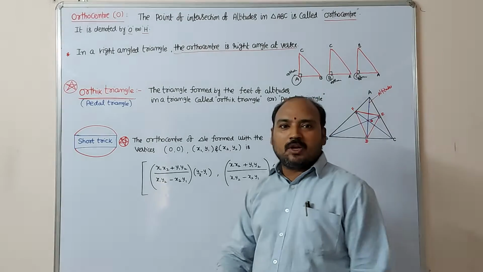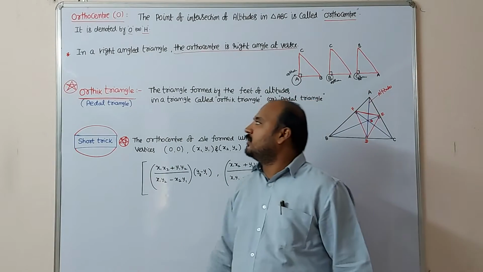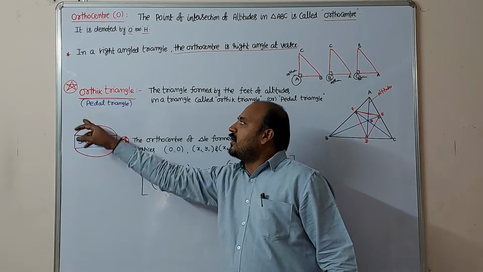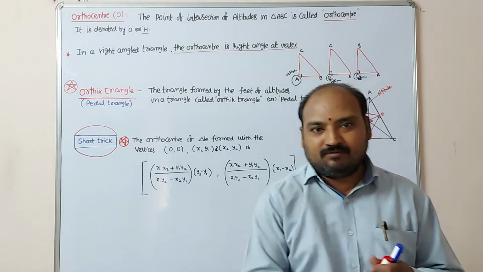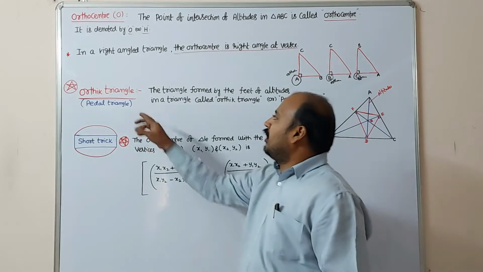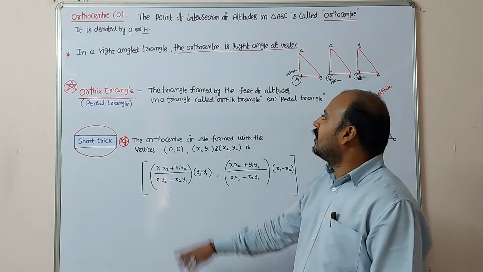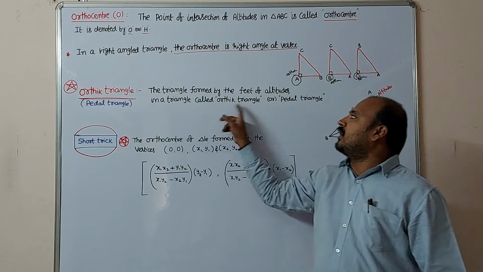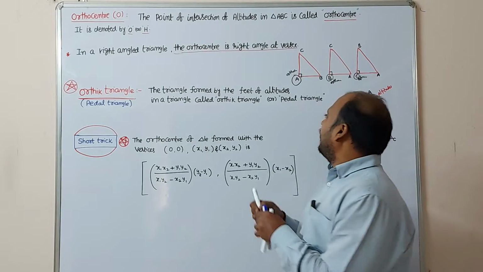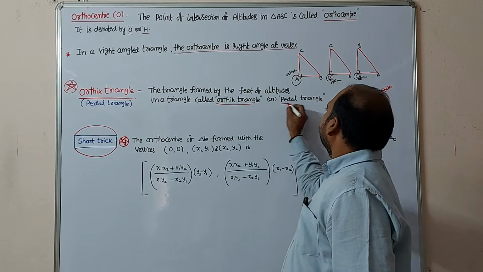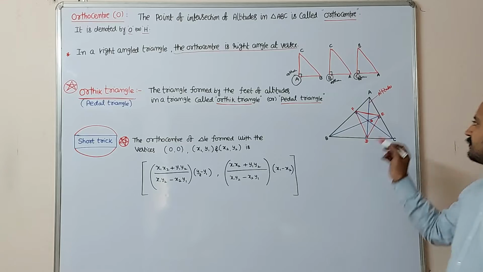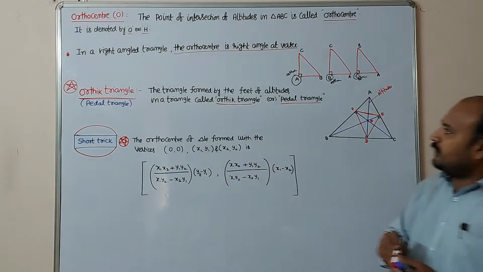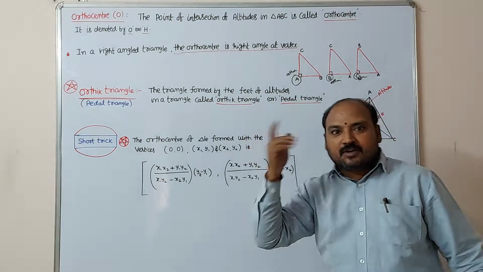Now, come to another new concept, new point. Orthic triangle or pedal triangle. What is meant by pedal triangle or orthic triangle? The triangle formed by the feet of altitudes in a triangle is called orthic triangle or pedal triangle. See, pedal triangle means, observe the figure. The triangle formed by the feet of altitudes.